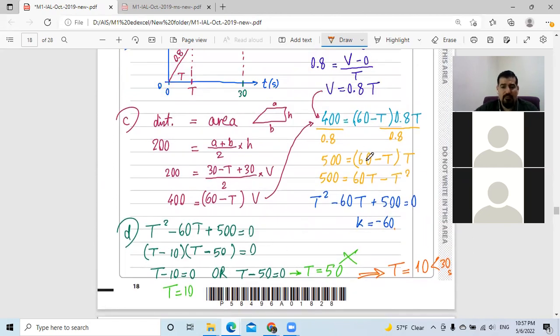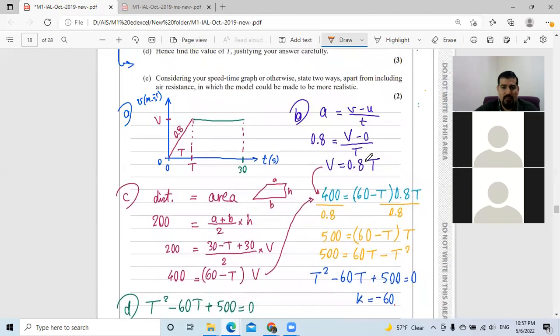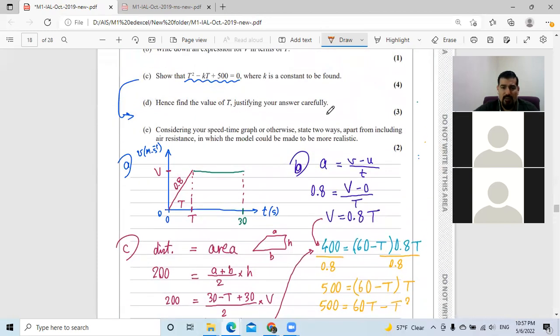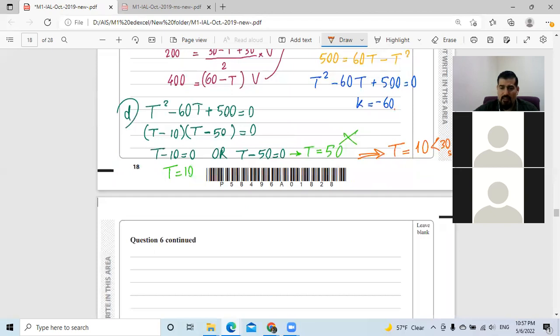Take a screenshot here. Justify your answer: the whole time is supposed to be less than 30 seconds. So the 10 seconds is my answer, since it is less than 30 seconds, not this one. I will reject 50 seconds. Okay, good.